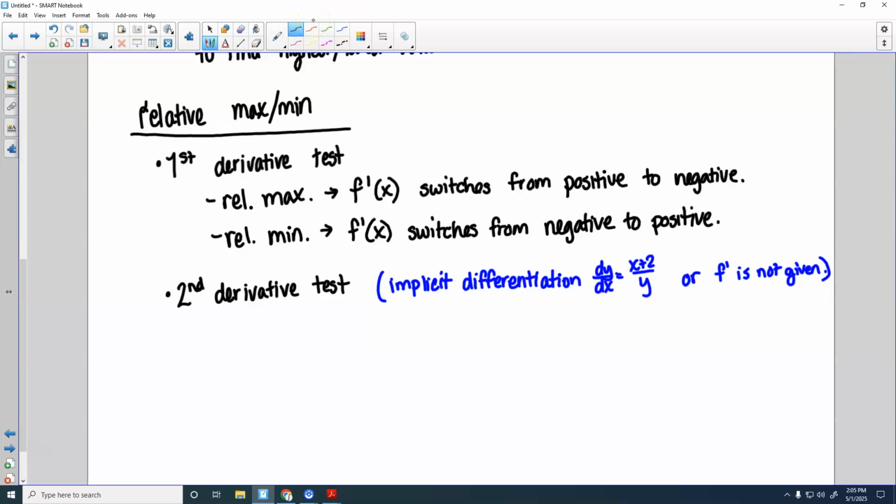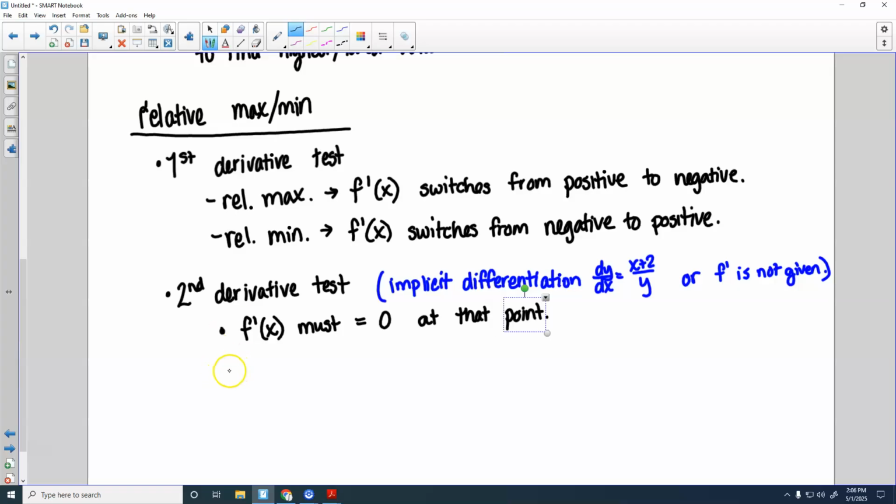For the second derivative test, the first thing you are going to do is note that f prime of x must equal 0 at that point. Most of the time in a second derivative test problem, they're asking you whether x is a maximum or minimum. They're not saying find it, they're asking whether this point is a maximum or a minimum. So your first derivative has to equal 0 at that point, so you are still finding critical points.